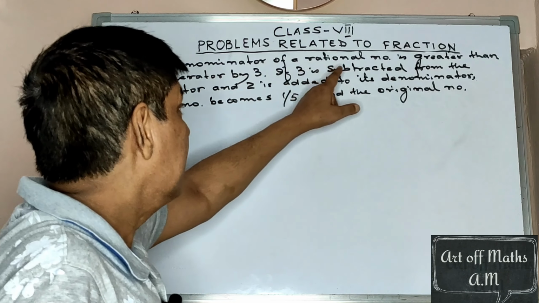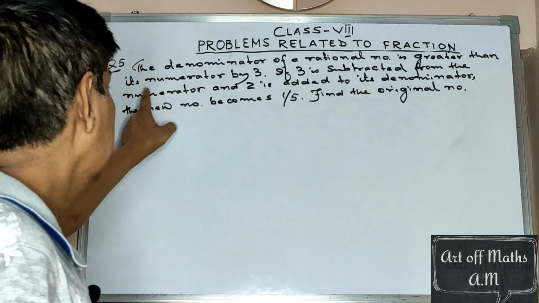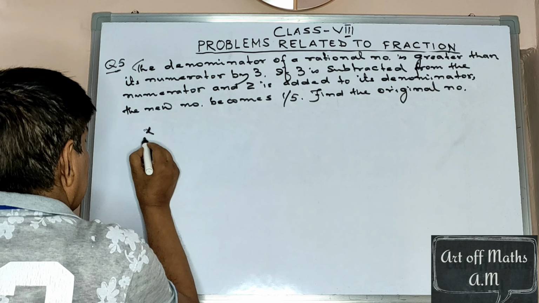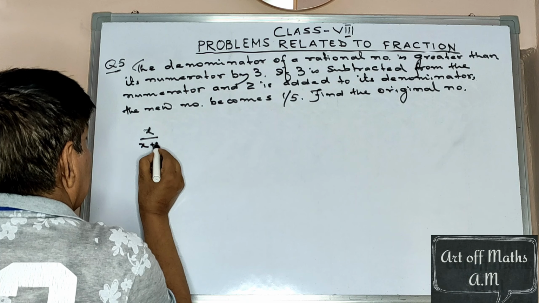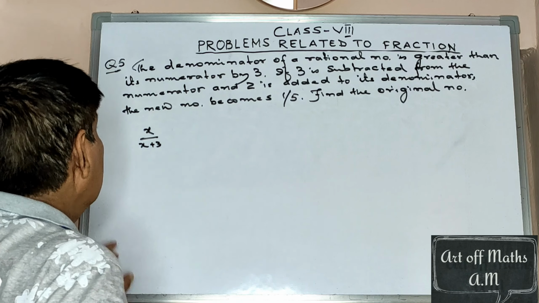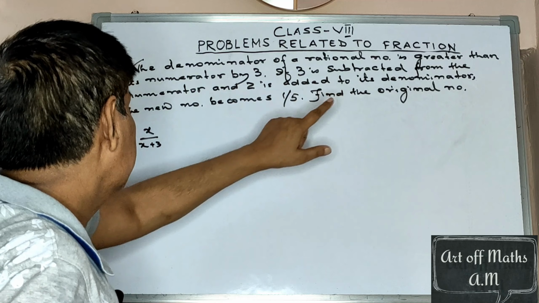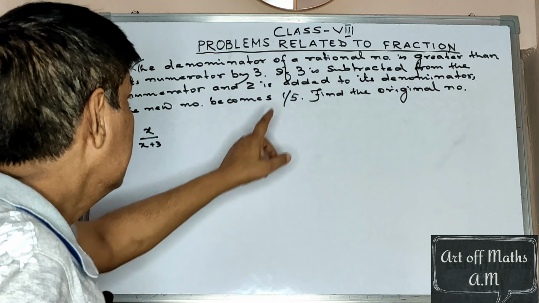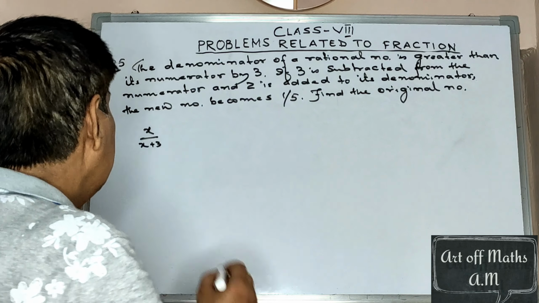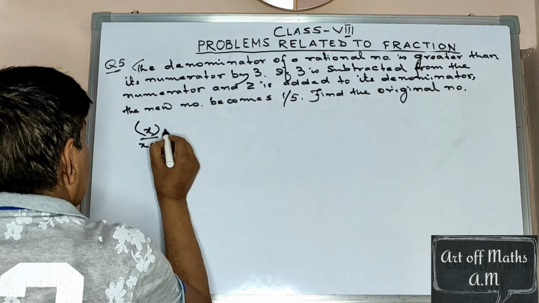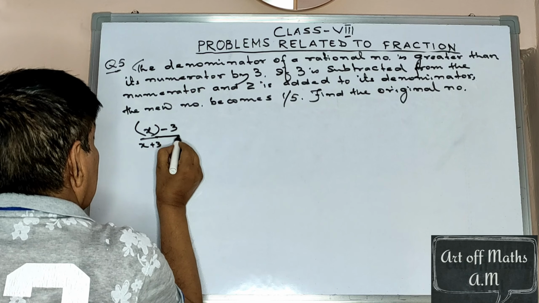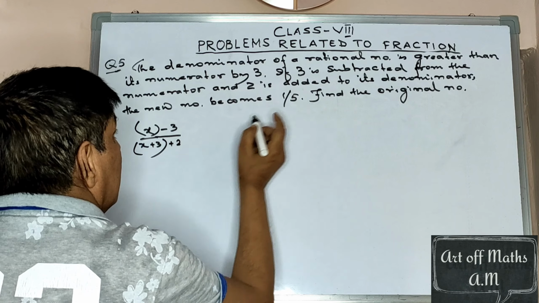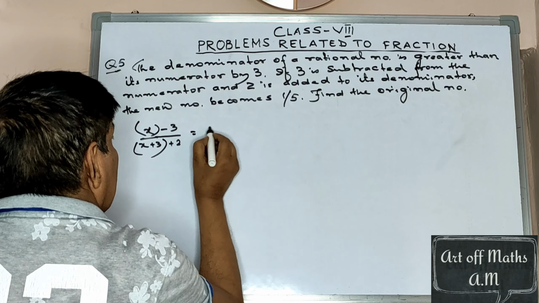The denominator of a rational number is greater than the numerator by 3. That means x over x plus 3. If 3 is subtracted from the numerator and 2 is added to the denominator, it becomes 1 by 5.